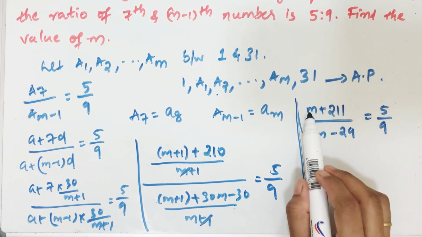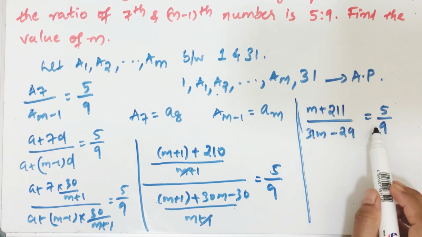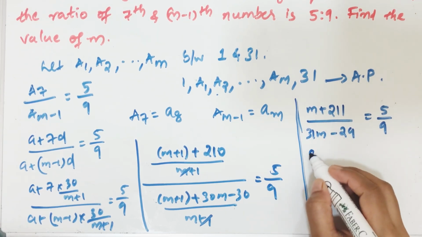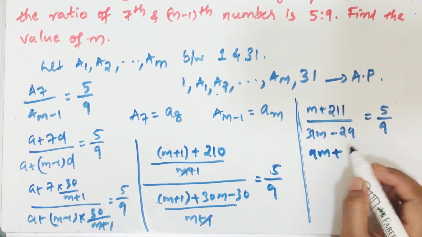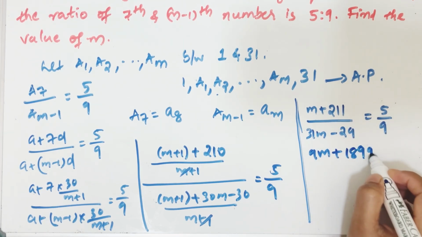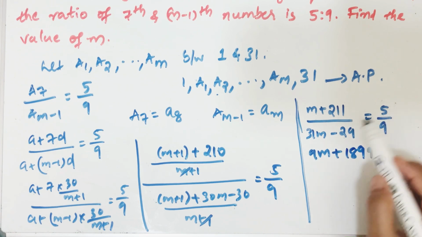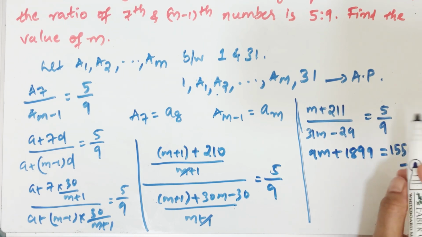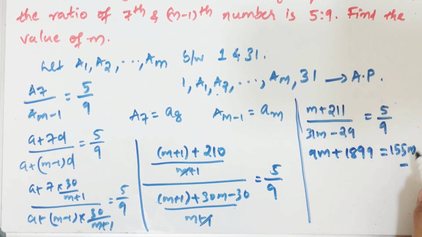This is 9 into m plus 211 equal to 5 into 31m minus 29. That is 9 into m plus 211 is equal to 1899. Which is equal to 5 into 31m, that is 155m minus 29 into 5, 145.